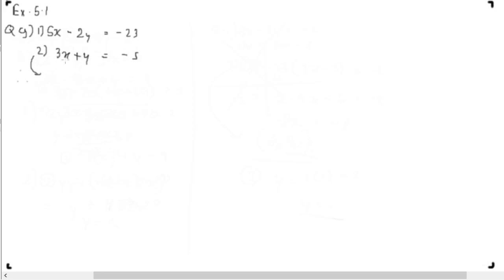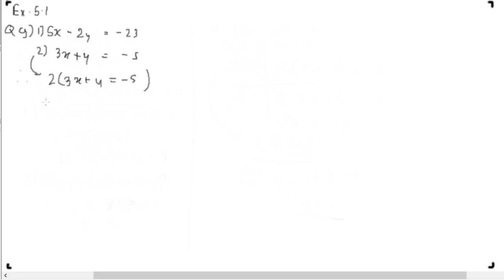So how do we do that? We can just multiply the entire equation. For that, we have to multiply all the terms, which are separated by either plus or minus. We can multiply with 2 to get 2y. So 3x plus y equals minus 5.